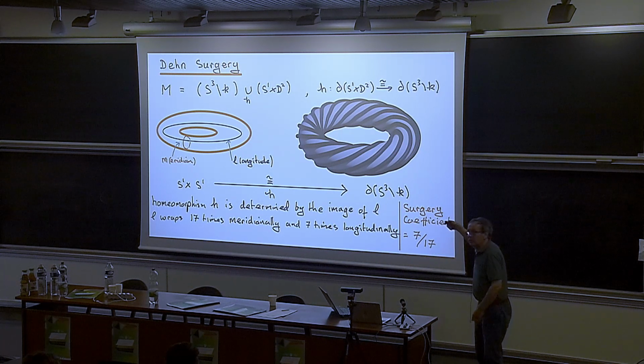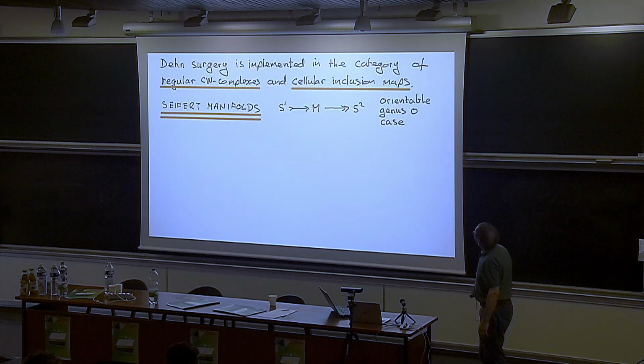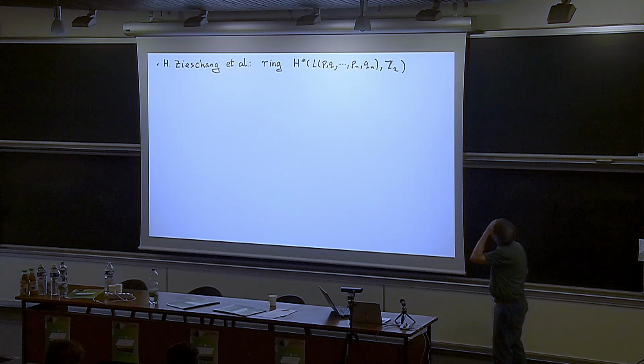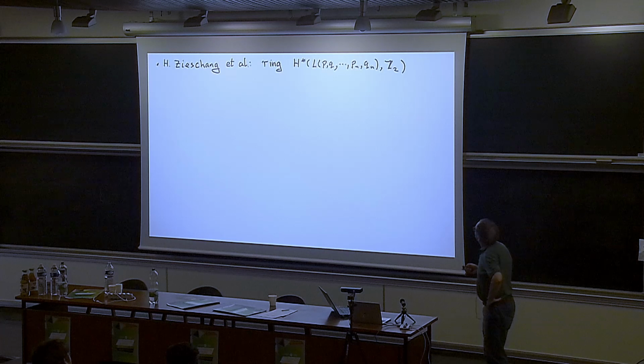So the P and the Q are the numbers that determine the homeomorphism. Zishang and others have written quite a few papers on calculating cohomology rings for Seifert manifolds.